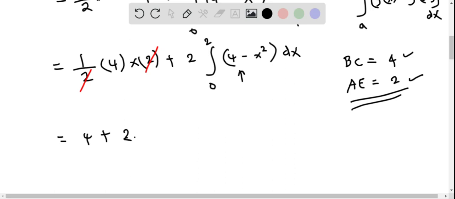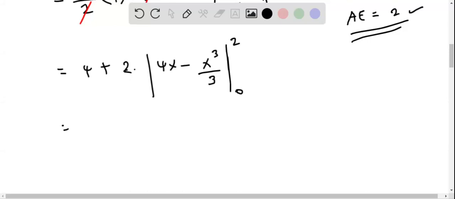Integration of 4 is 4x, and integration of x squared, when we use the power rule, we write down as x raised to the power of 2 plus 1, which is 3. So I put 3 here, and divided by the same number, that is 3, and this has to be evaluated between 0 to 2.